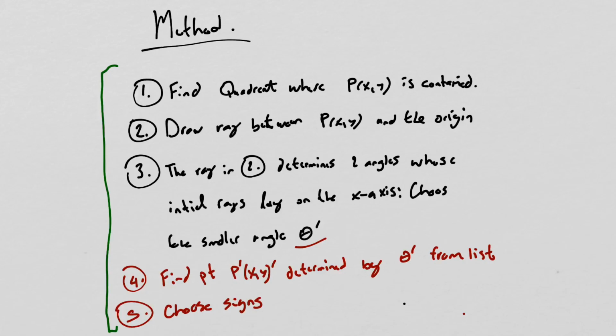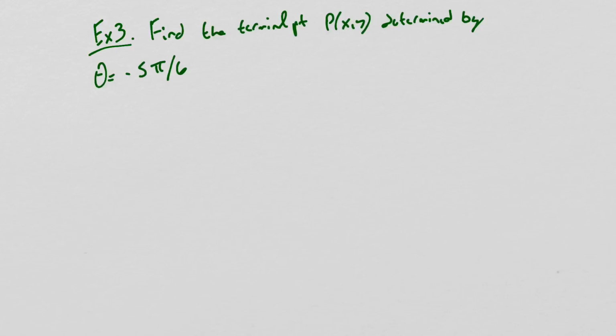Let's go ahead and determine one more terminal point given an angle. This is example 3. Find the terminal point determined by the angle negative 5 pi divided by 6. To start off, again, let's go ahead and draw our unit circle.